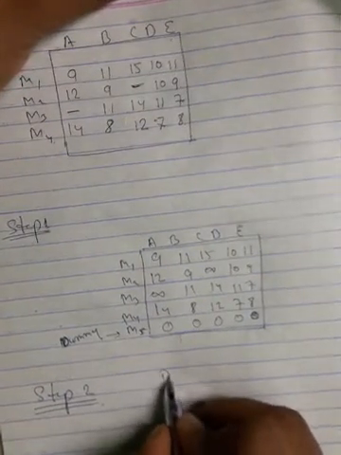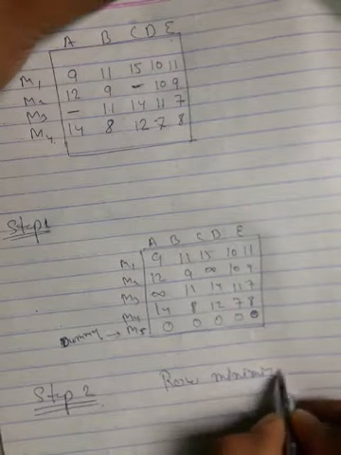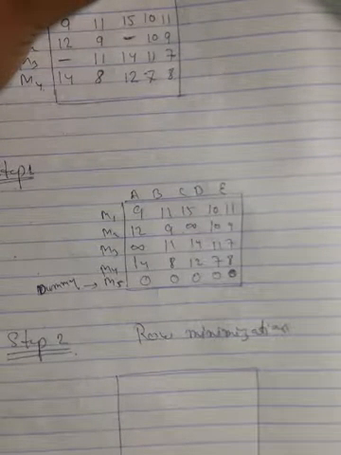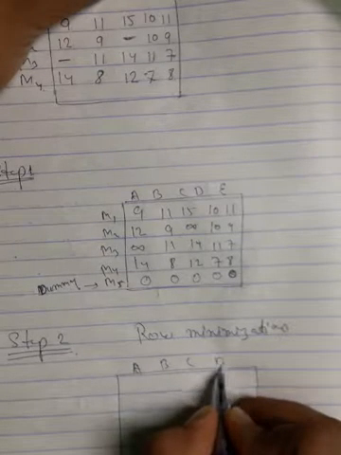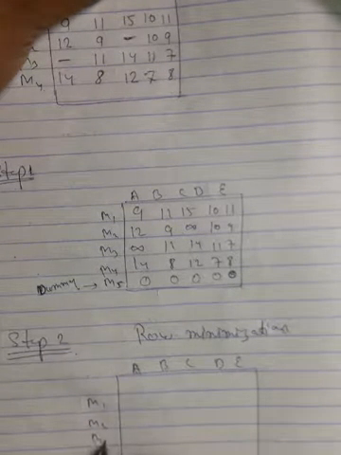Same thing, row minimization. Write the matrix format first: A, B, C, D and E, here M1, M2, M3, M4 and M5.